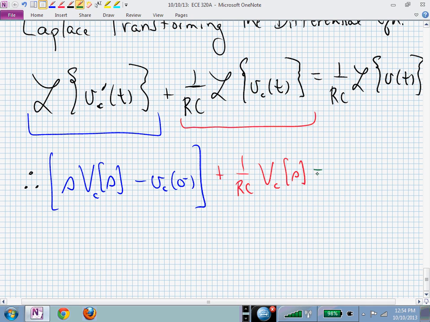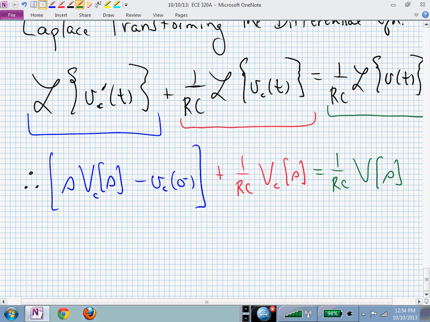And finally, for the right-hand side, we now have 1 over RC, and just like we did with little v sub c, we simply say, okay, little v of t, when we Laplace transform it, will give us this capital V of s.